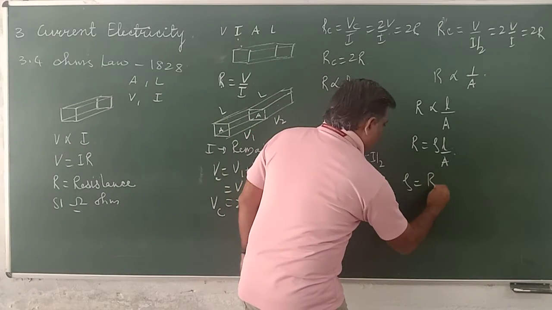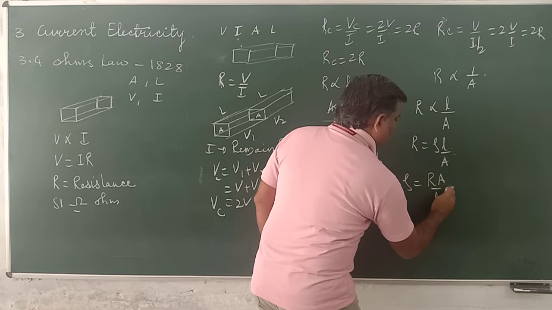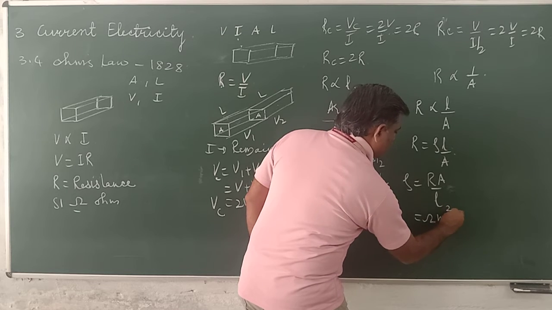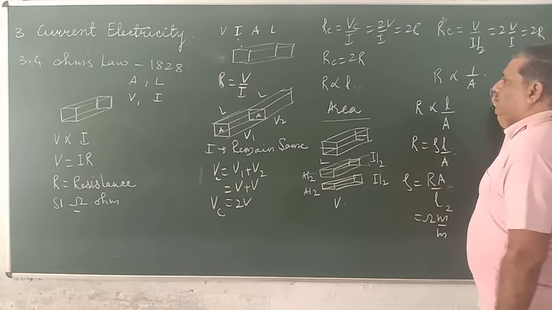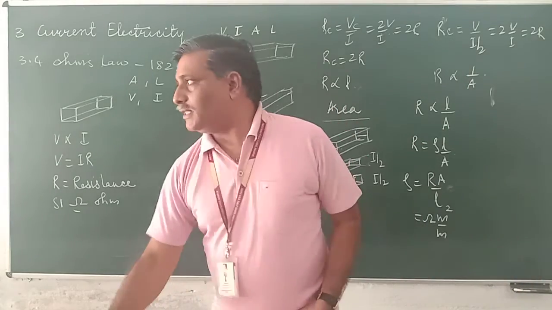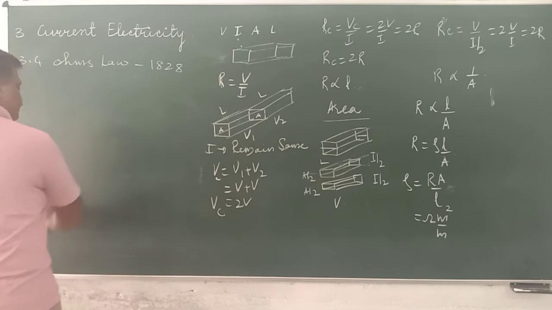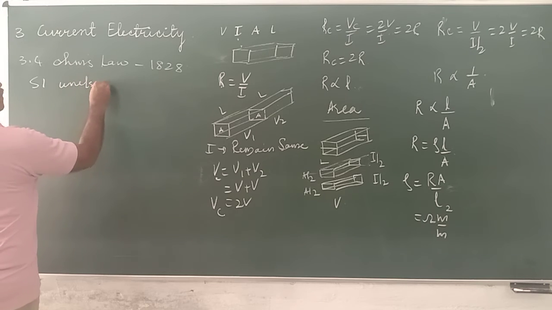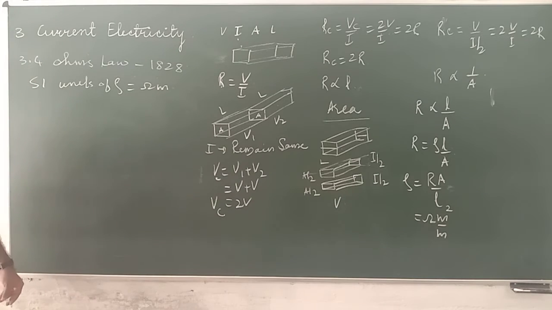Rho is RA by L. The SI unit of rho is ohm meter, because meter square and meter get cancelled.